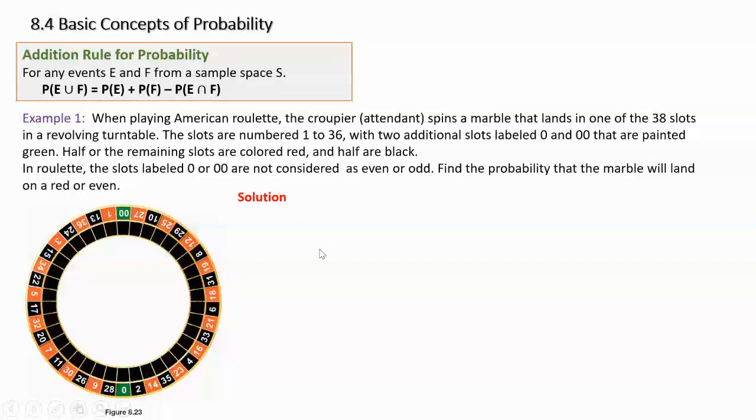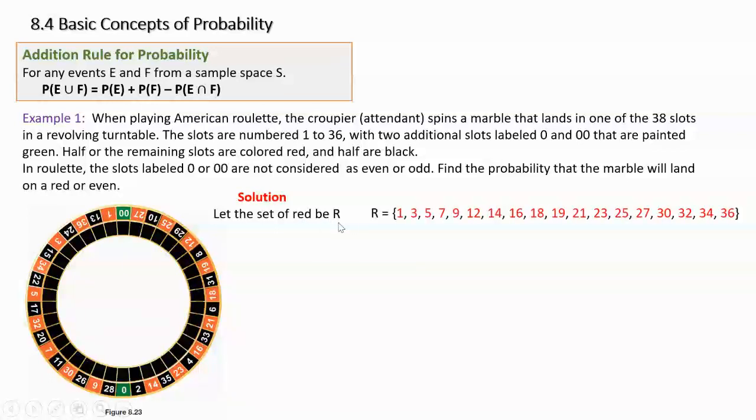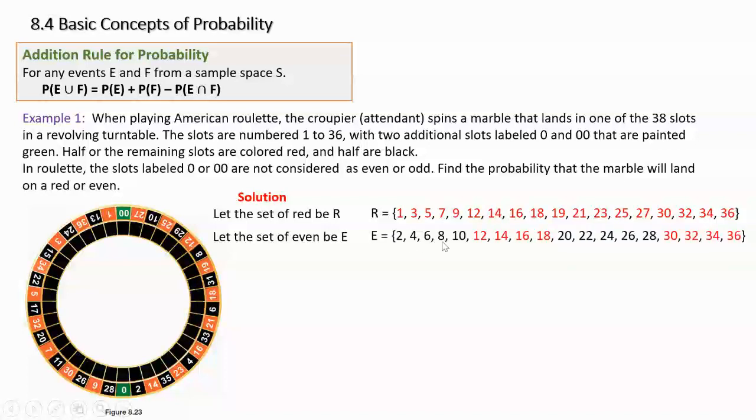Okay, so let me put everything down here. Let the set of red be R. I went ahead and put here all the elements that are red, all the numbers that are red, which is 1, 3, 5, 7, 9, 12, and so forth. And then we're going to let the set of even be E. So these are the even ones.